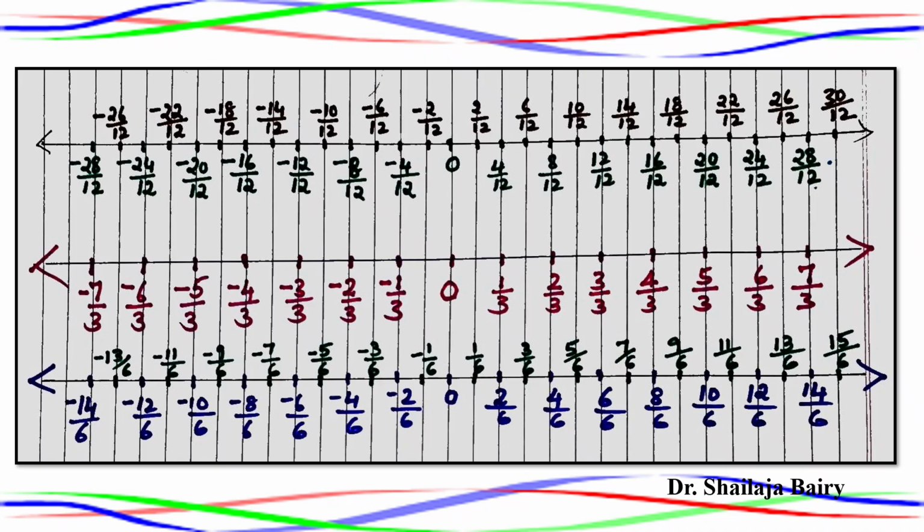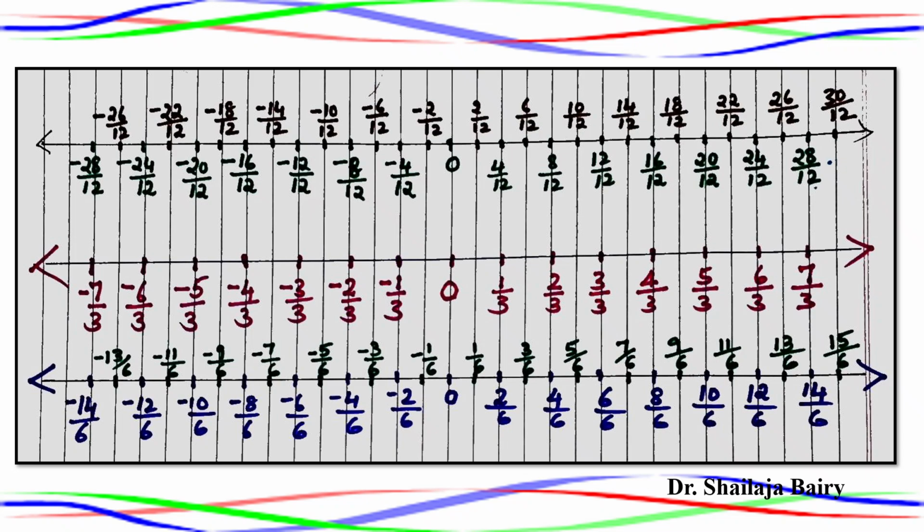So along that vertical line, at the center 1 by 3, at the top 4 by 12, and at the bottommost 2 by 6. If you consider various such combinations, all vertical lines having equivalent rational numbers tell us so many features of these rational numbers.